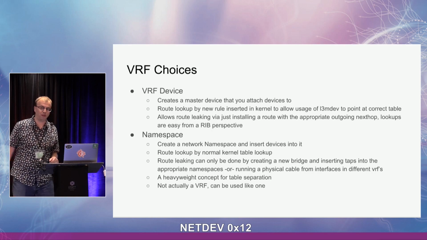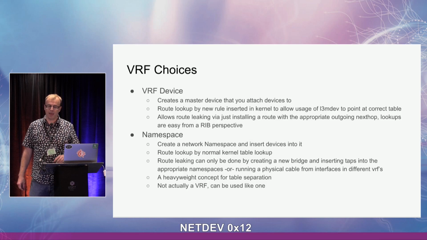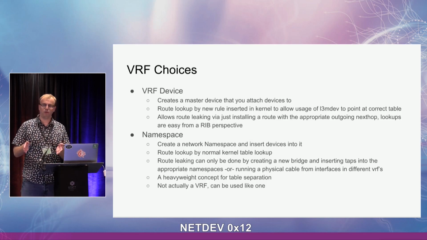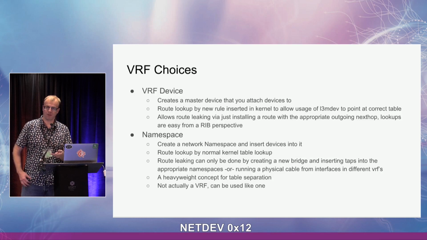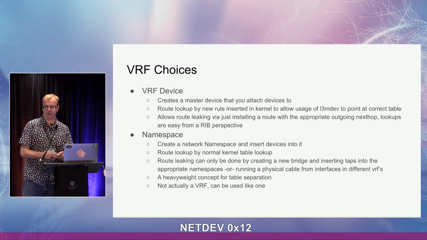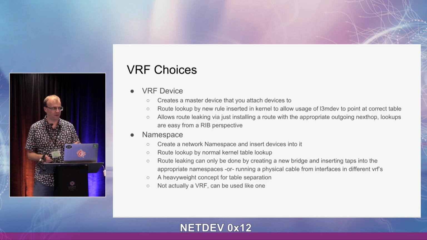So lookups are extremely easy from a RIB perspective. In the Linux kernel, you specify next hops by a gateway and device tuple, right? And you can also do just gateway by itself or device by itself. But if I want to do route leaking across VRFs with the VRF device, I have to specify an outgoing interface, otherwise it will not work, right?